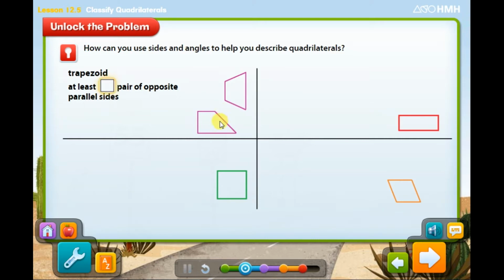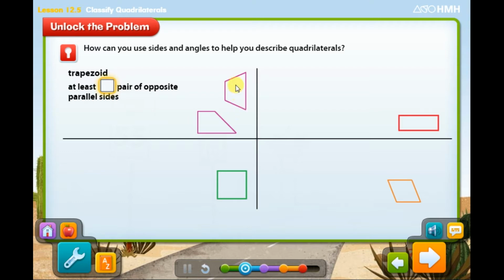But are the other two sides parallel? No, they are not. Why? Because the distance from here to here is narrow, but the distance from this point to this point is wide. So it's not the same distance apart. This means these two sides are not parallel.